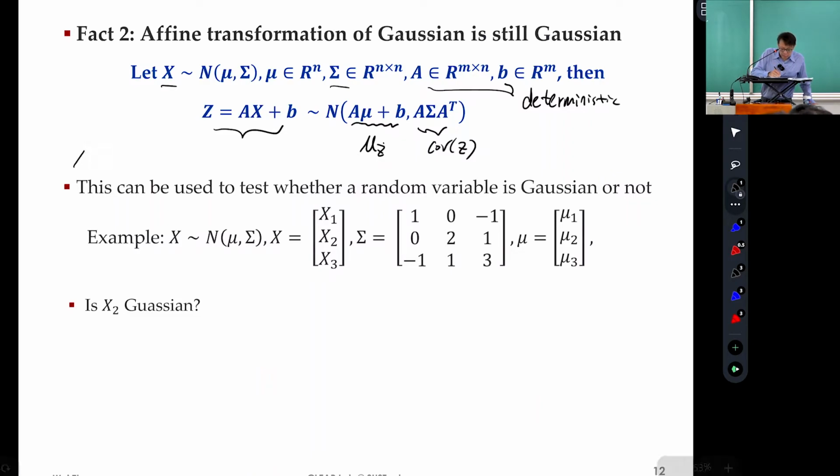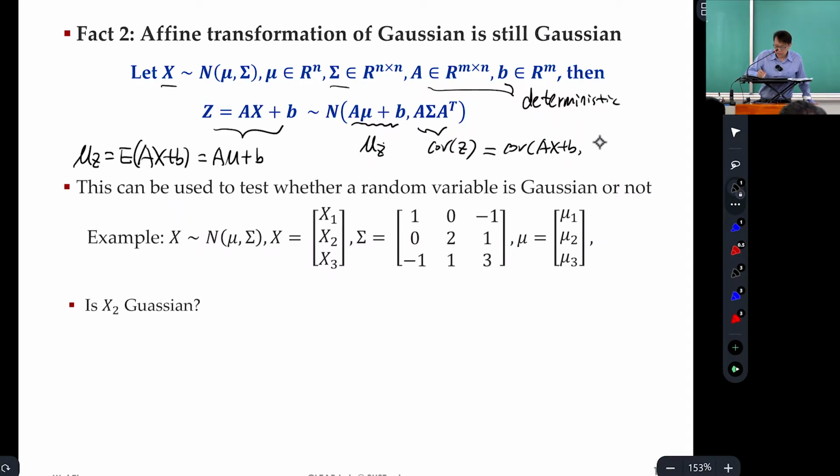The mean of Z is the expectation of AX plus b, and by the property of expectation that is A times mu plus b. And the covariance of Z is the covariance of AX plus b with itself, but the plus b doesn't make any contribution. That's our property of covariance, so it becomes A sigma A transpose.